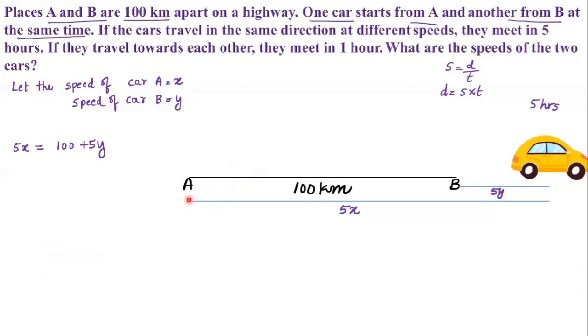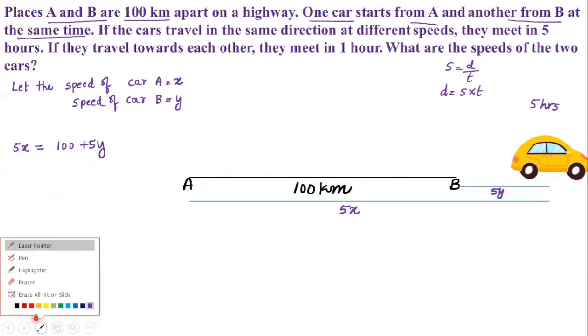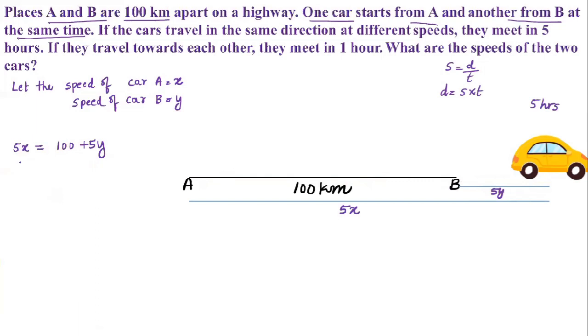So 5x is equal to 5y plus 100. So 5x minus 5y is equal to 100.